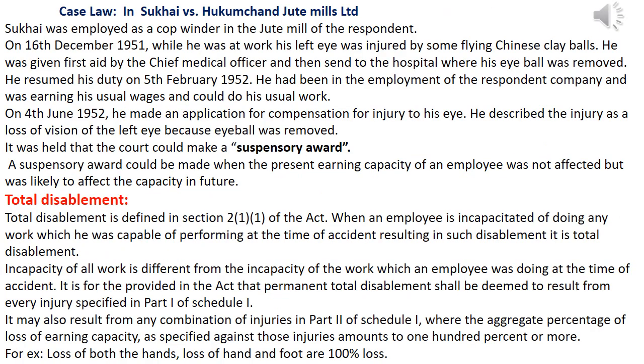It all depends upon the medical evidence. There is a case law, Sukhai versus Hukum Chand Jute Mills Limited. Here Sukhai was employed as a cop winder in the jute mill of the respondent. On 16th December 1951, while he was at work, his left eye was injured by some flying Chinese clay balls. He was given first aid by the chief medical officer and then sent to the hospital where his eyeball was removed.